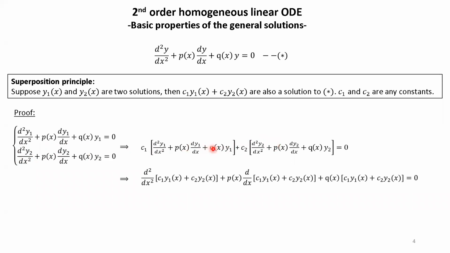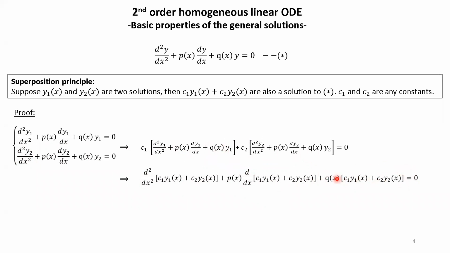Now if you rearrange the terms, all the terms with the second derivative go first, then the middle two terms with the first derivative, and the last two terms without derivatives.